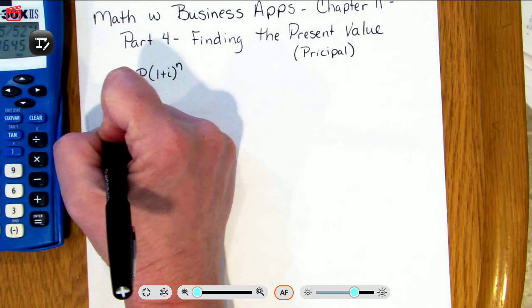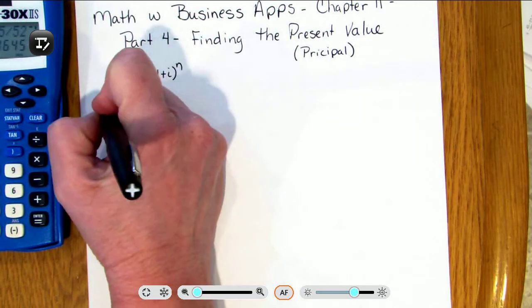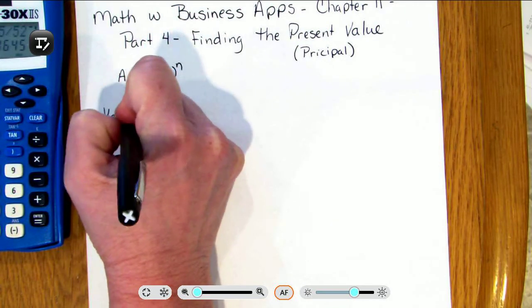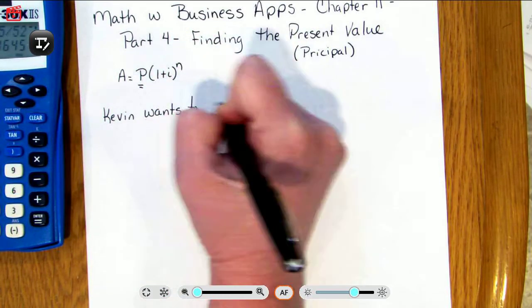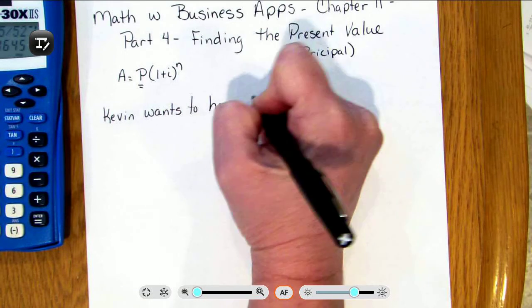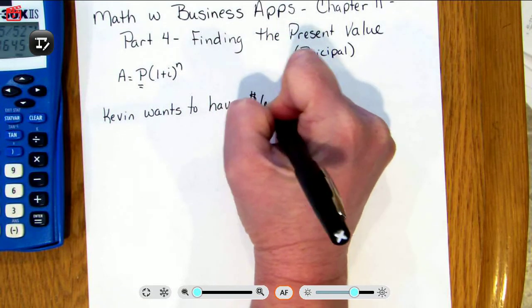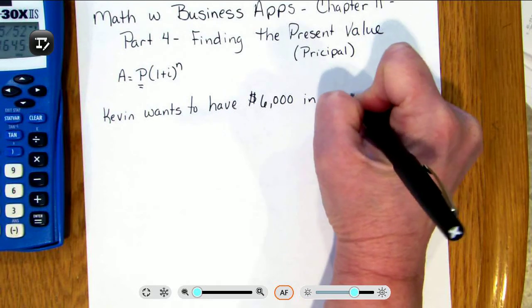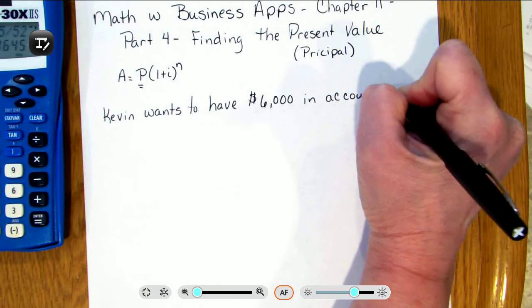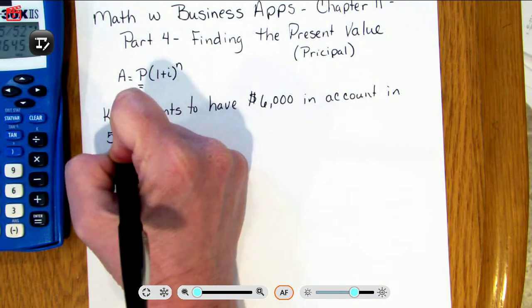So let's say Kevin wants to have, let's say, $6,000 in an account in 5 years for a vacation.